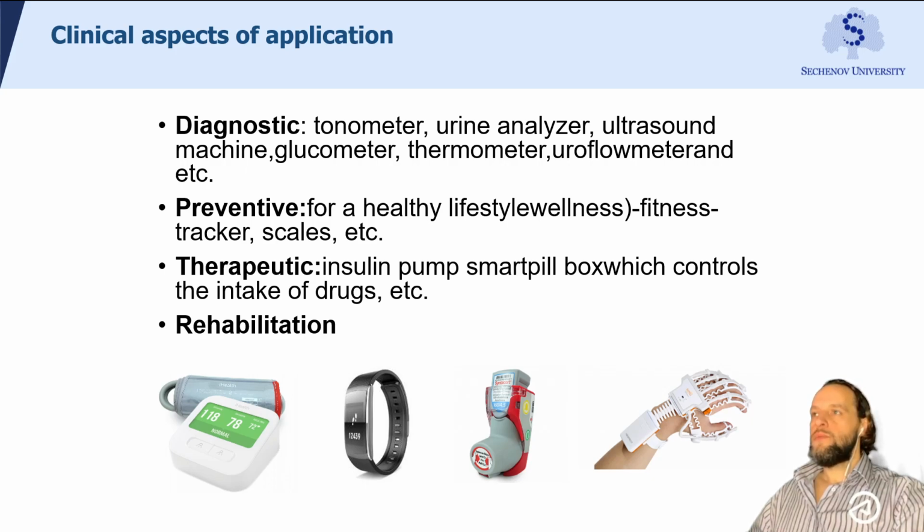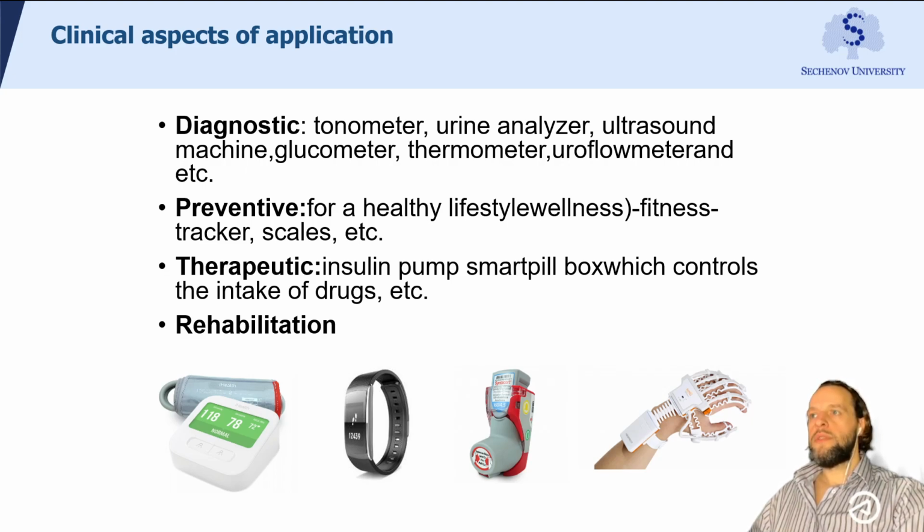These devices could be used in different ways. It could be diagnostic tools: tonometer, urine analyzers, ultrasound machines, glucometers, thermometers, and others. They could be used in preventive healthcare to promote a healthy lifestyle, and it will be common fitness trackers, scales, and others.